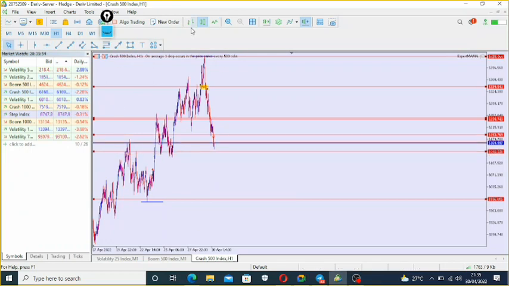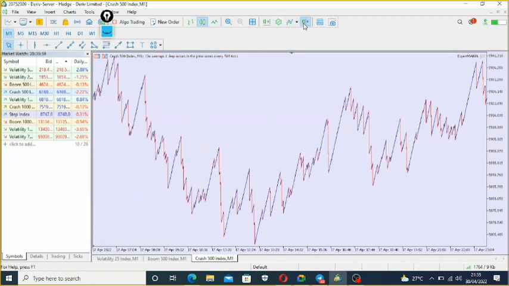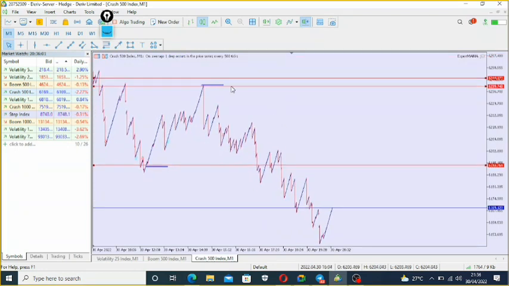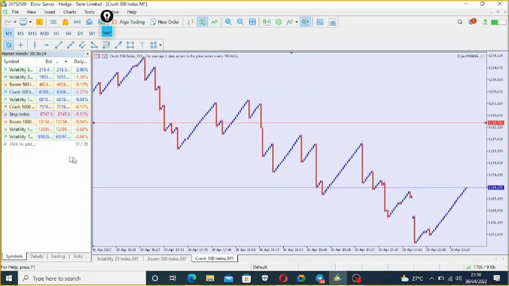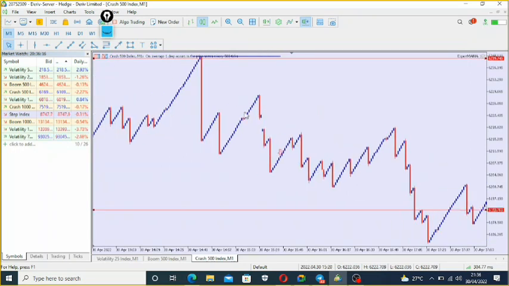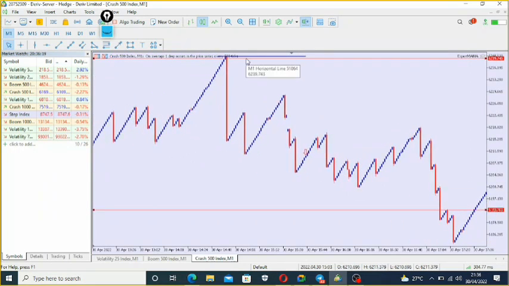Now, how you trade with this is this: when you come to your lower time frame, your 1 minute time frame, this is your support, this is your resistance. As this resistance appears here, our common sense should tell us that it simply means that the market is about what?